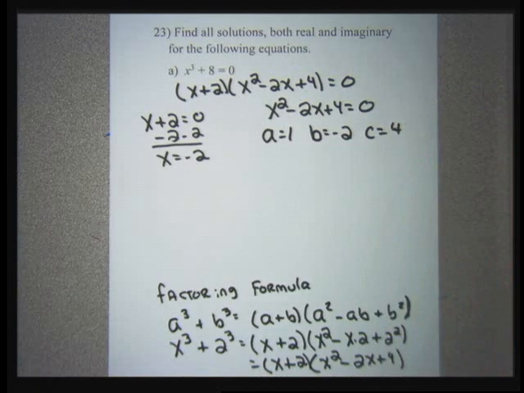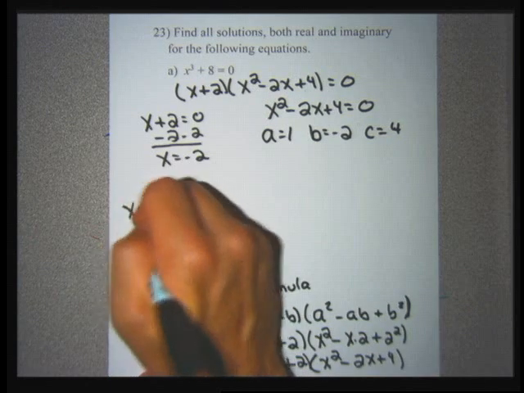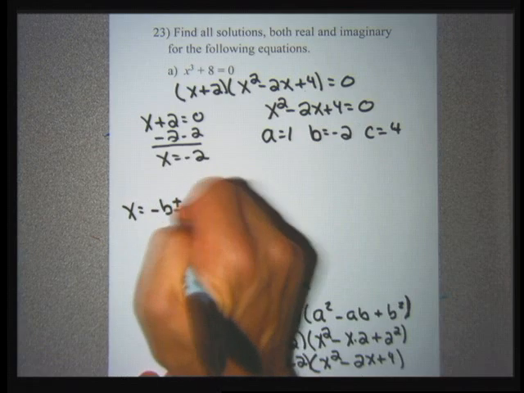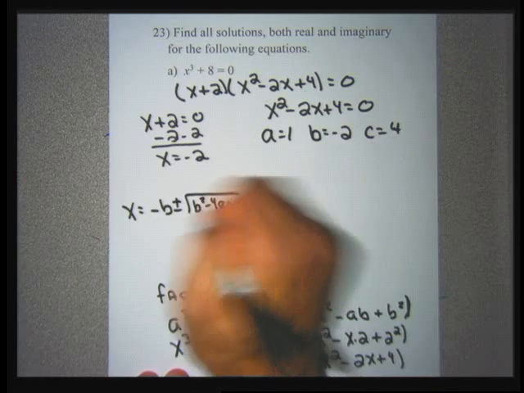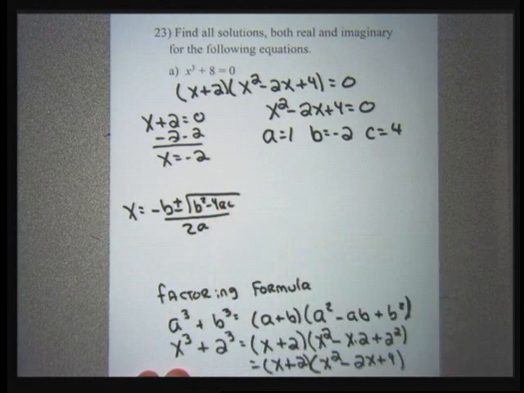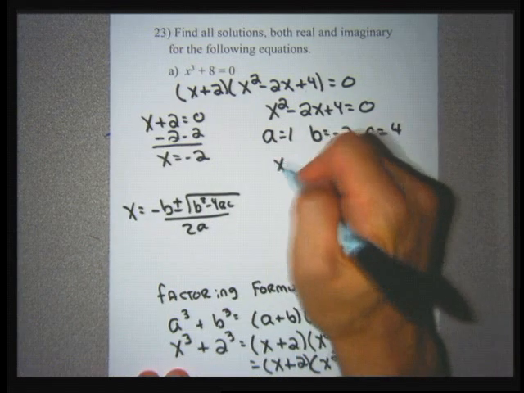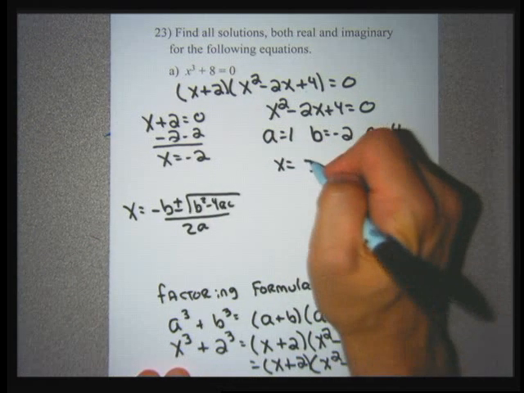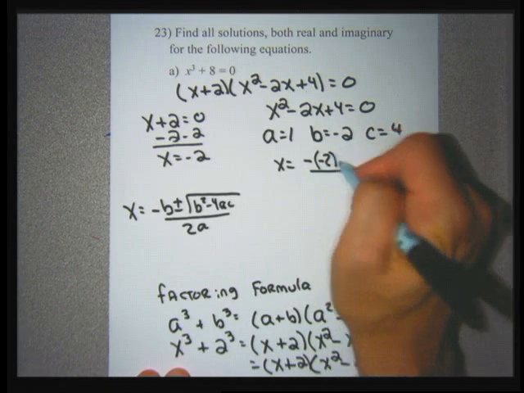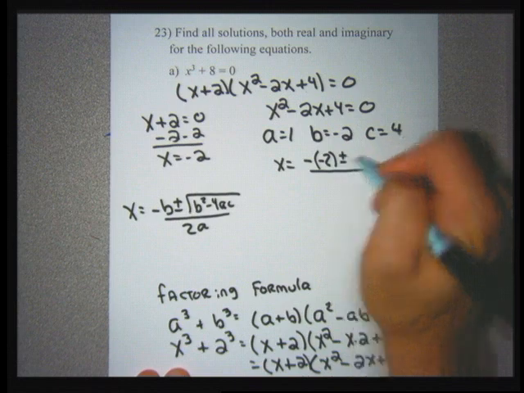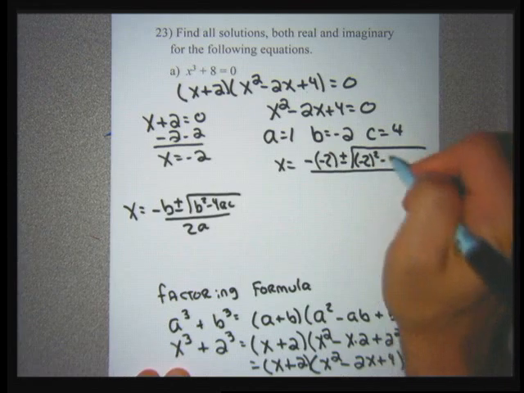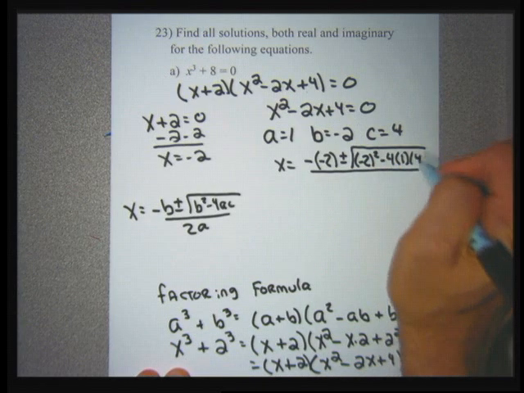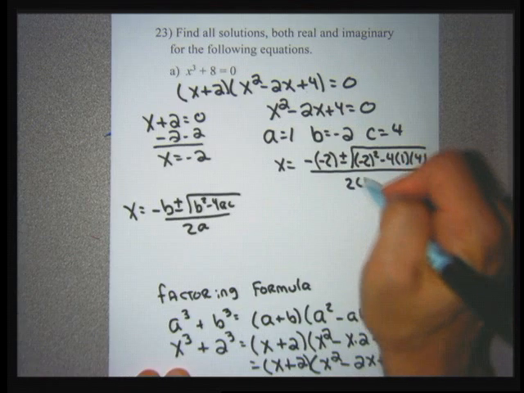So this problem requires you to remember how to factor cubes, and it requires remembering the quadratic formula, which is x equals negative b plus or minus the square root of b squared minus 4ac all over 2a. So getting back to this side, I get x equals negative, from the formula, and then negative 2 from the b, and then plus or minus the square root of negative 2 squared minus 4 times 1 times 4, all over 2 times 1.